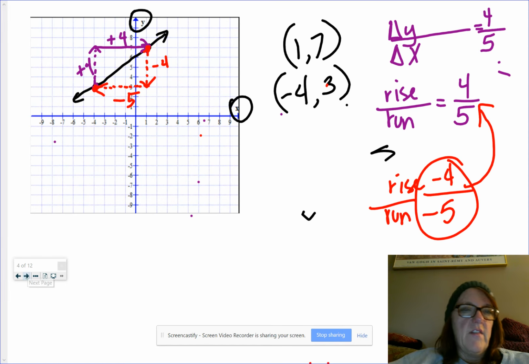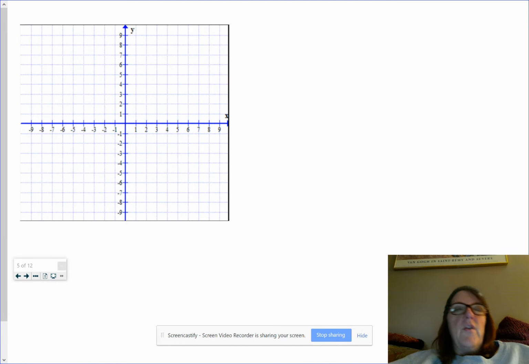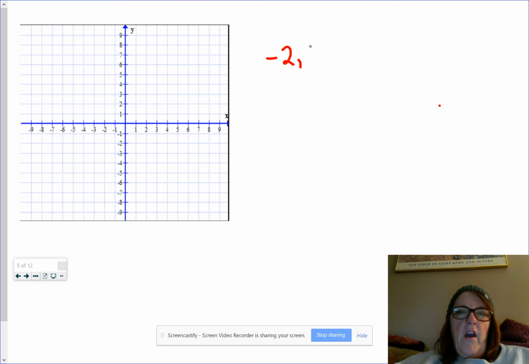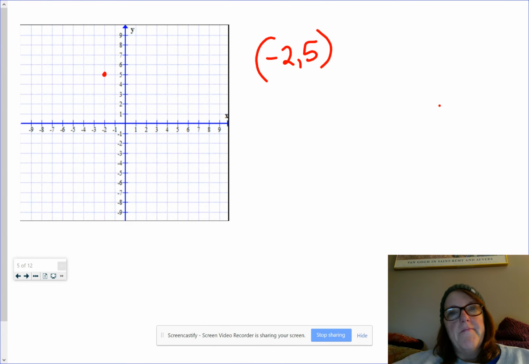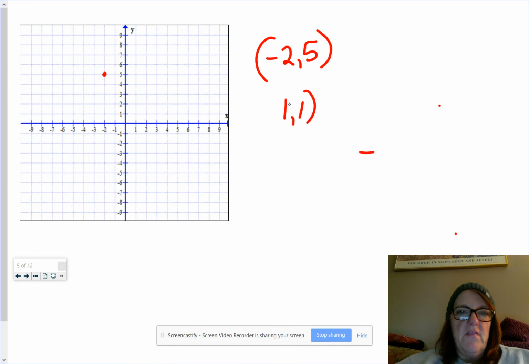All right, let's try another one. How about this? -2, 5, excuse me, -2, 5. So let's get that plotted. And let's do something like 1, 1. Just something pretty simple right there.